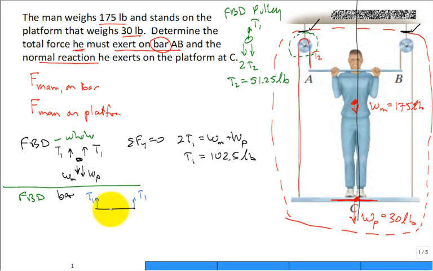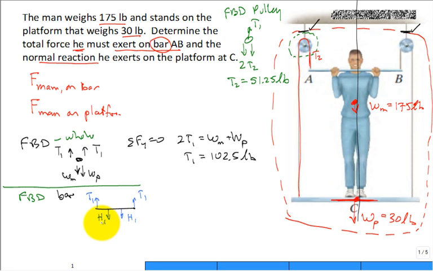But I have a hand. And we already talked about what that man is doing: the force that the man exerts on the bar. So maybe you want to call it the hand force. Each hand, hand 1 and the other hand, they're symmetrical, and they're pulling down on the bar.